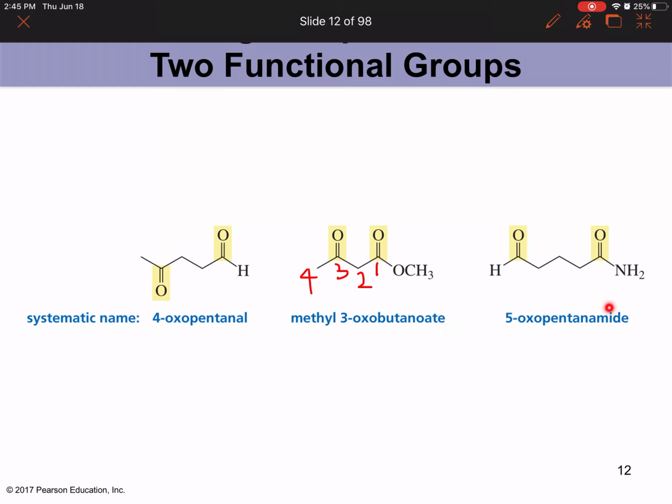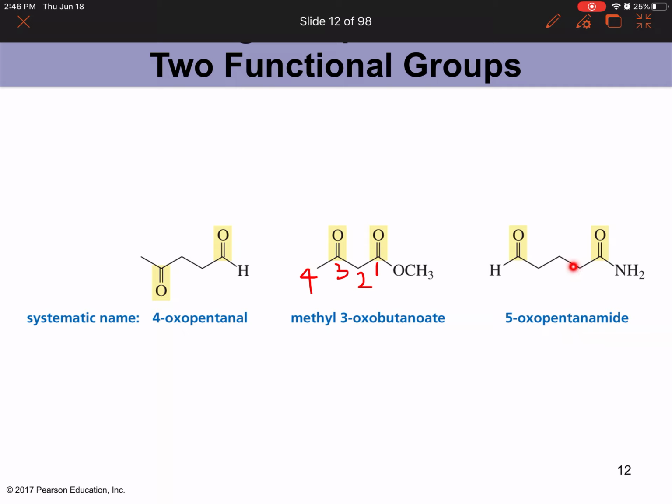Okay. And then here you have an amide group and an aldehyde group. 5-oxopentanamide. So the amide group takes the suffix. 5-oxopentanamide.